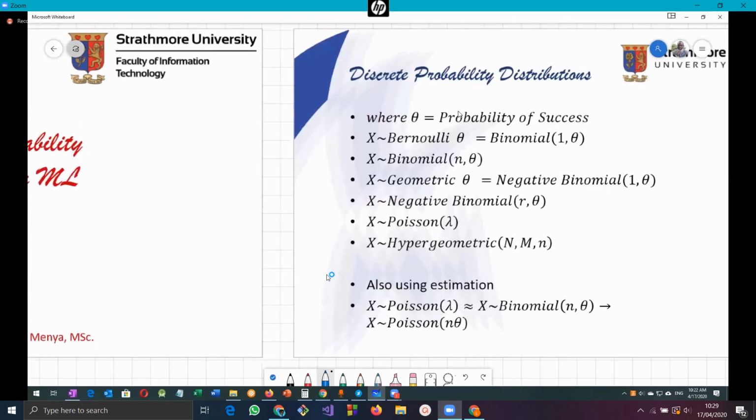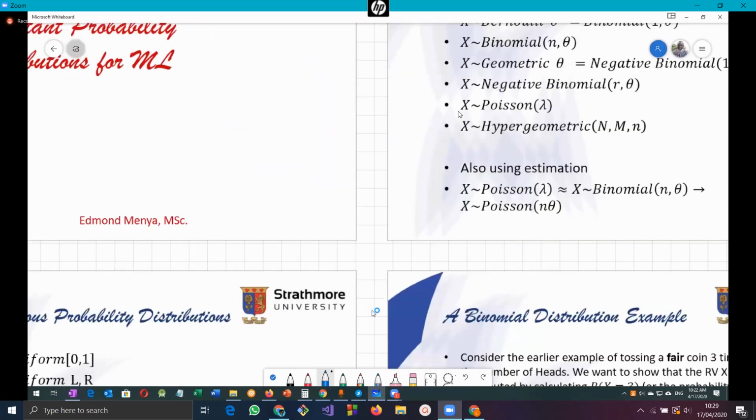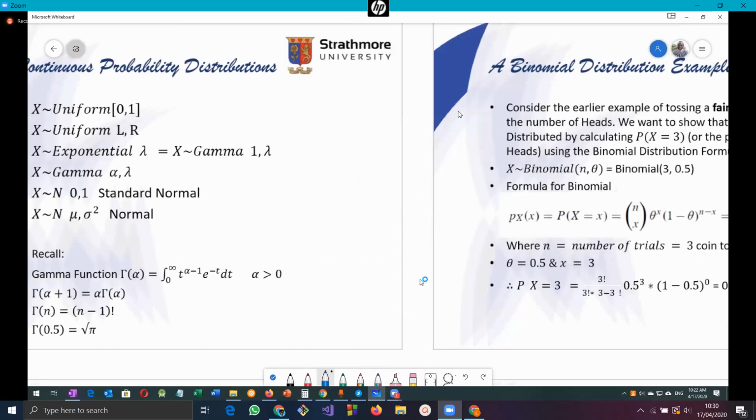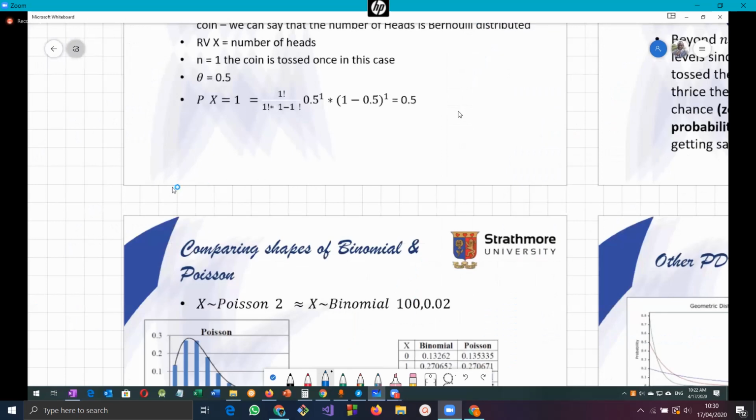Binomial, Bernoulli, geometric, Poisson, and I will explain what these are. Then other distributions are known as continuous. We'll talk about all this, and I will give more examples. We'll upload this one, by the way. We check the shape of the probability distribution.